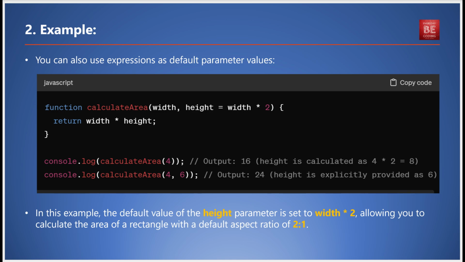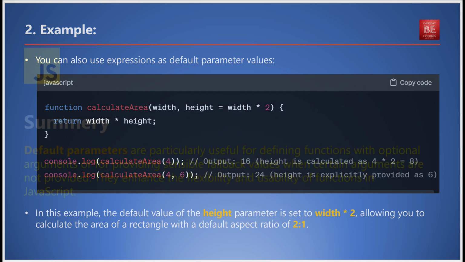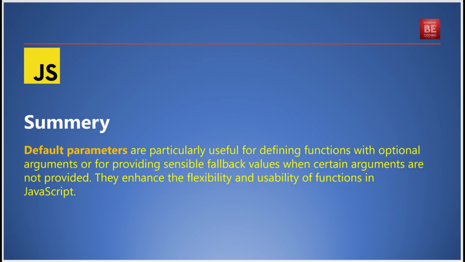So next time, when you're working with JavaScript functions, don't forget to leverage the power of default parameters to make your functions more robust and adaptable. To sum up, default parameters in JavaScript allow you to specify default values for function parameters, handle missing values in function calls, and even use expressions as default values. They were introduced in ECMAScript 2015 and have since become a powerful tool in the JavaScript developer's toolkit.